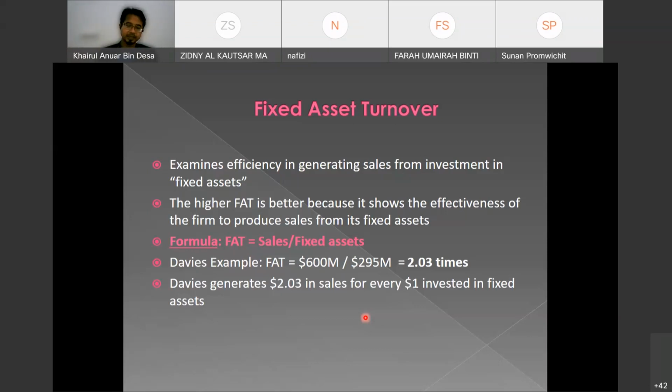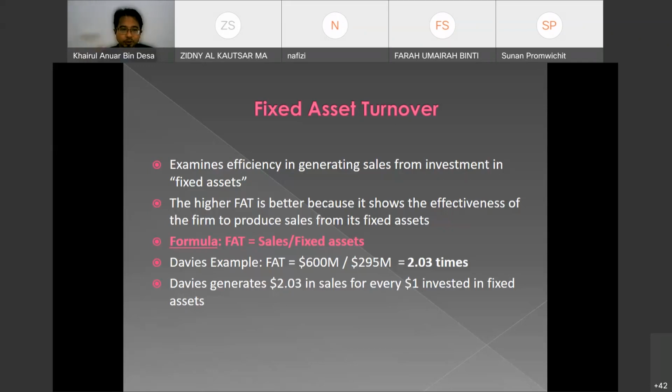Okay. So here, fixed asset. Fixed asset is the long term. Long term means more than 1 year. Examine the efficiency in generating sales from the investment in fixed asset. Okay, fixed asset kita adalah asset kita lah, adalah investment kita.